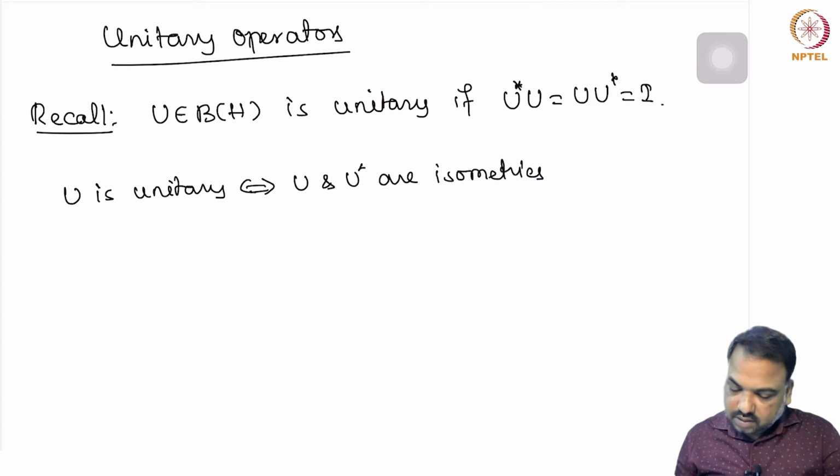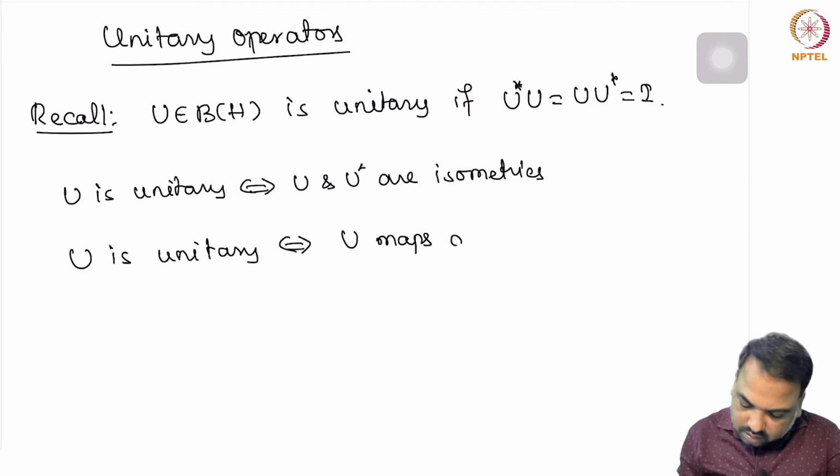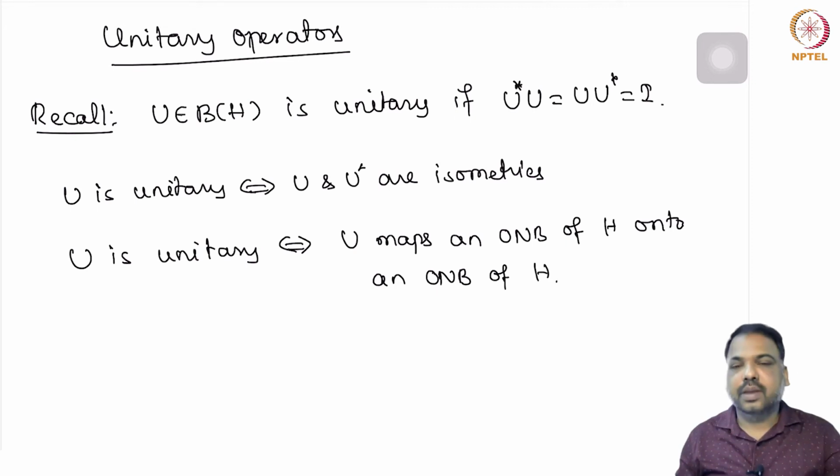And we can also say, in terms of orthonormal basis, that when T is an isometry, it sends an orthonormal basis of H into an orthonormal basis of range of T. But here, when you look at the condition UU* is identity, from that we can say that U is onto. So in this case U is unitary if and only if U maps an orthonormal basis of H onto an orthonormal basis of H, because it is onto.